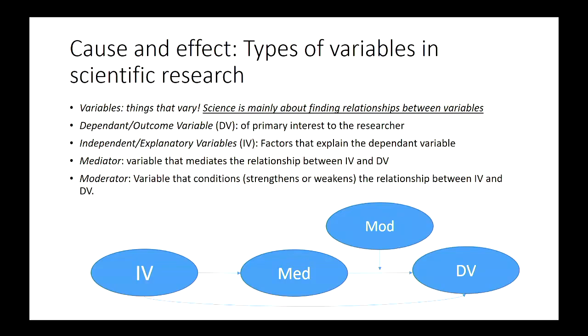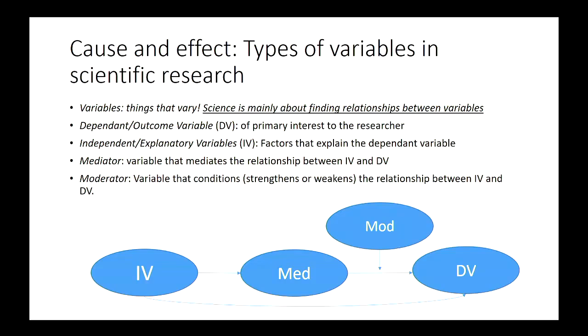A simple name for them is independent variables. And this is the dependent variable, because you're assuming that the independent variable causes the dependent variable.